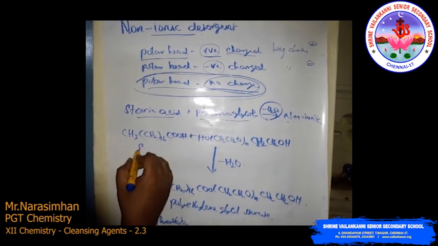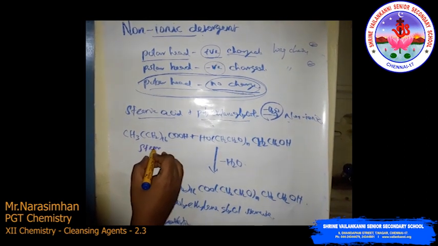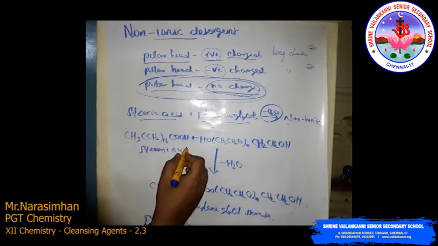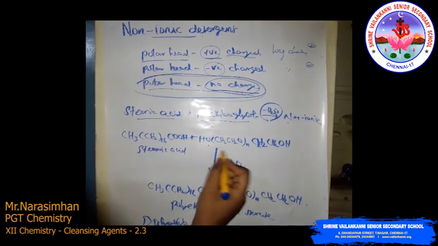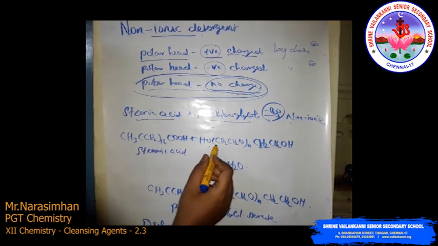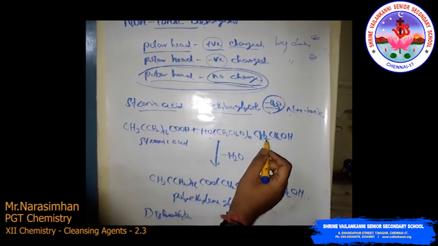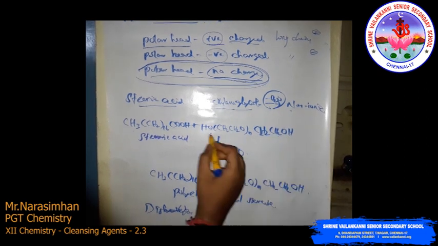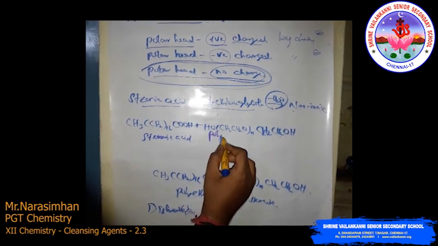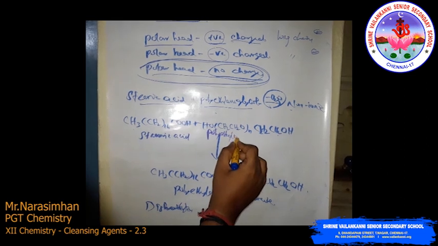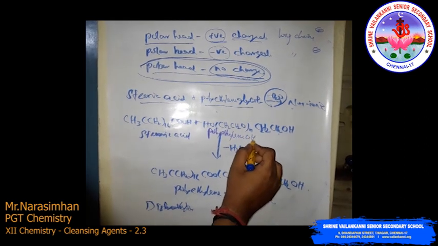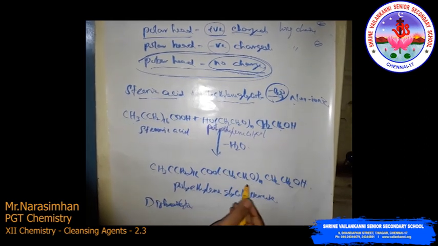The example equation is: this is stearic acid, CH3 (CH2)16 COOH, and it reacts with polyethylene glycol, HO CH2 CH2O (n times) CH2 CH2OH. This is polyethylene glycol.